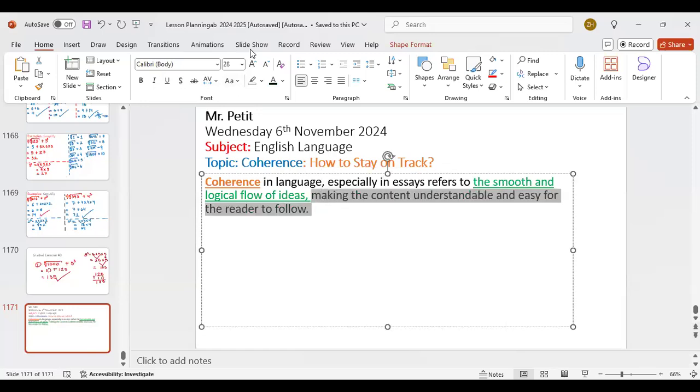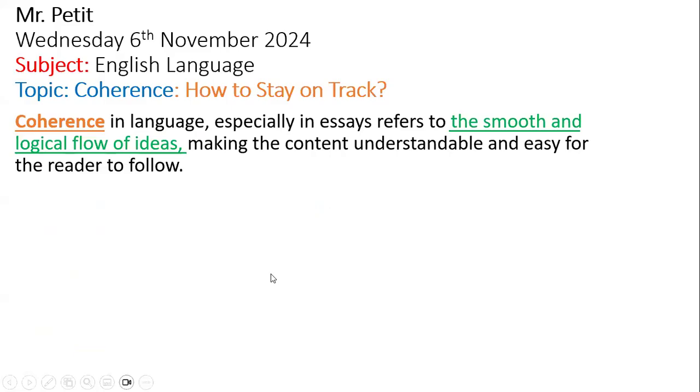So go ahead, Sashini, can you read the definition of coherence? Coherence in language, especially in essays, refers to the smooth and logical flow of ideas, making the content understandable and easy for the reader to follow.